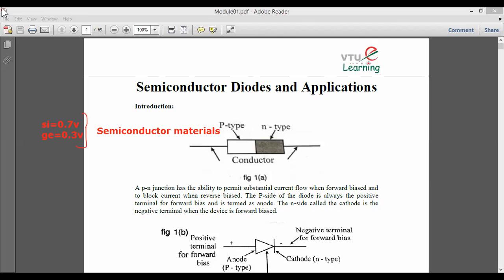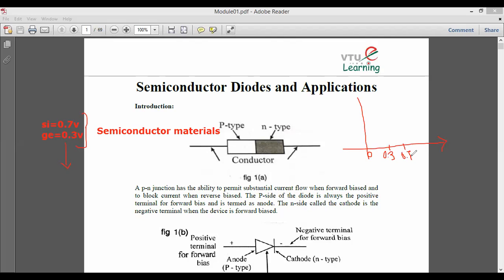But now if you look at these two materials, silicon and germanium, the voltage level or the saturation level, what do you mean by the saturation? I will first focus on the saturation point. For example, if you look at this particular graph, say this is my 0 volt, somewhere here I will put 0.3 volt, and here I will put 0.7.